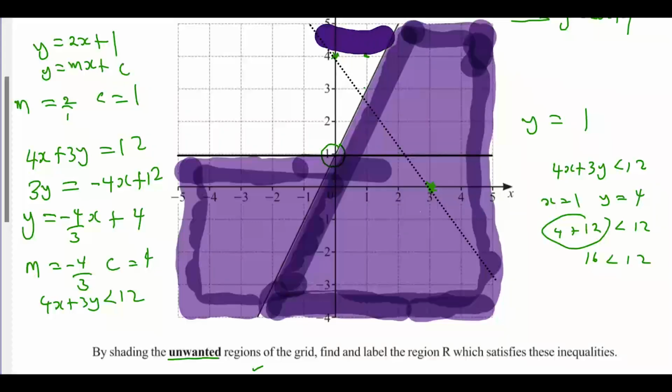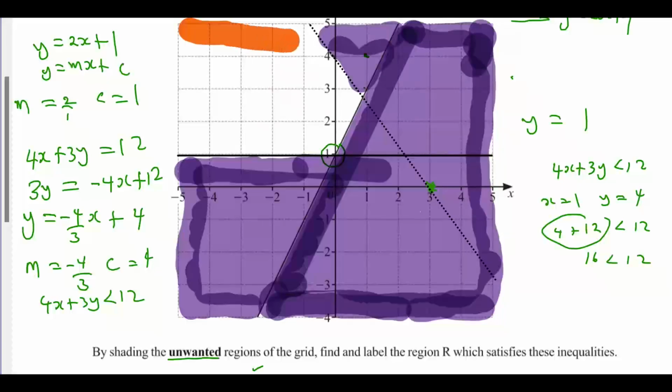So let's shade this, and this. Let's erase this a little bit. So we can now have the wanted region. That will be region R. It will be this region. Let's shade the whole of this starting from this side.